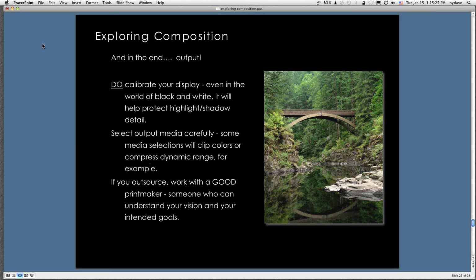They really work to understand where the destination is and what the intended goals are, and they really try to help realize the vision. And I think someone who can't do that as a printmaker, that's the best reason to fire them and find somebody else. And if you find a printmaker that can do that for you, hang on to them.